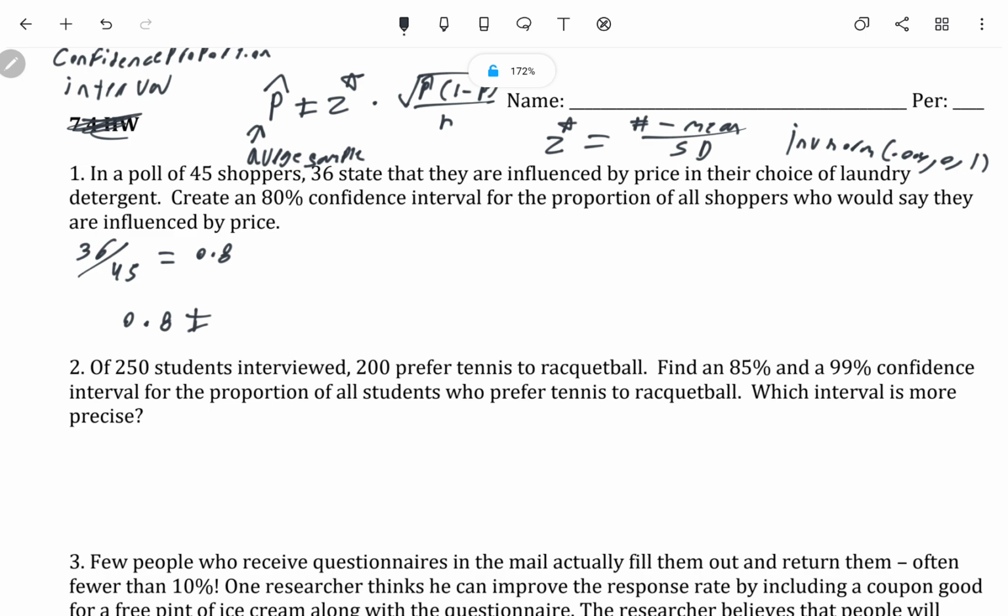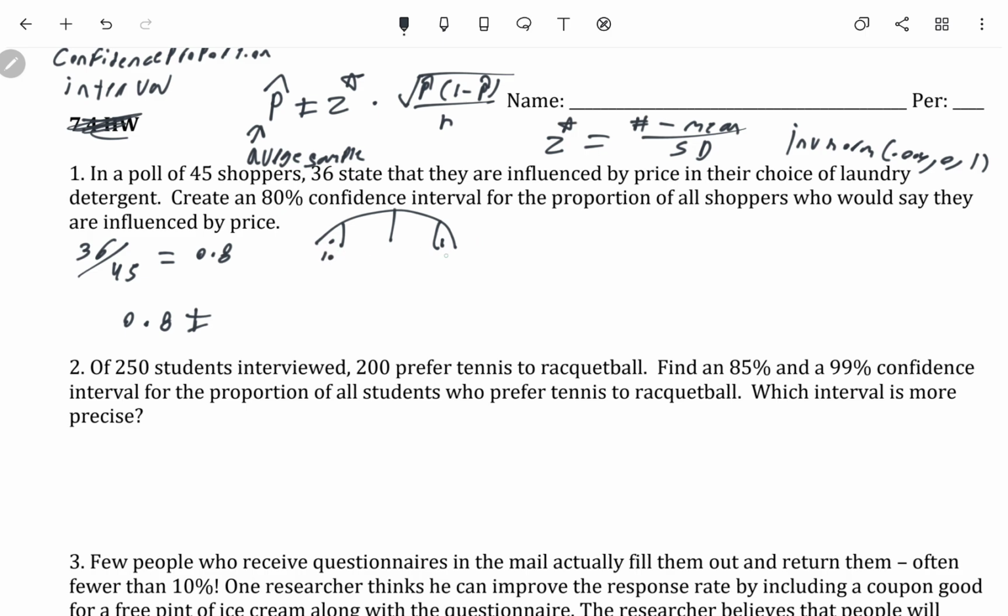So here we see an 80% confidence interval, right? What that tells us is that there is 20% more needed to fill this 80% to become 100%, right? And here we can see that there are 10% on both sides, so 20% total.